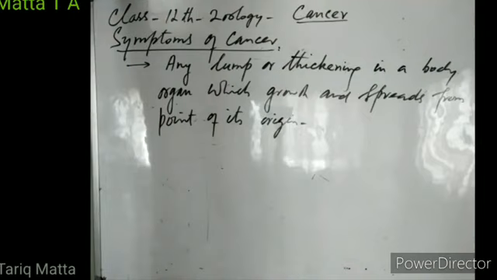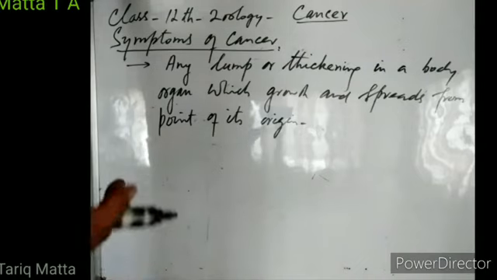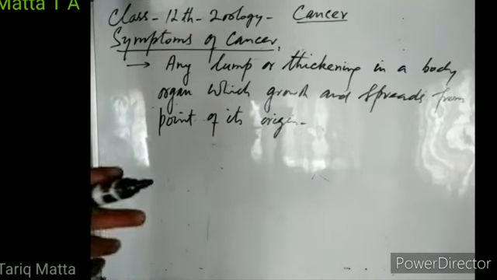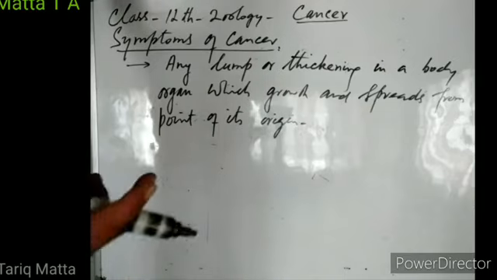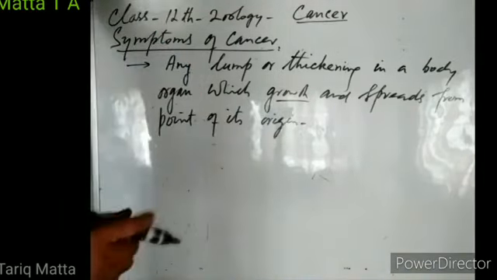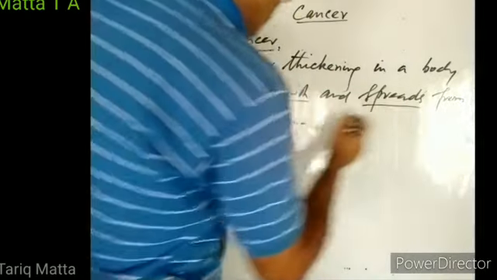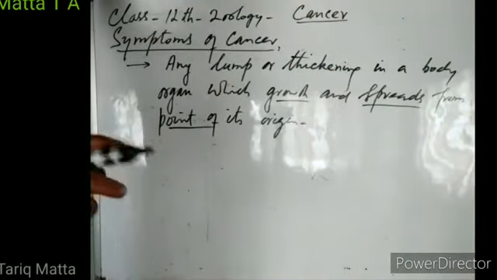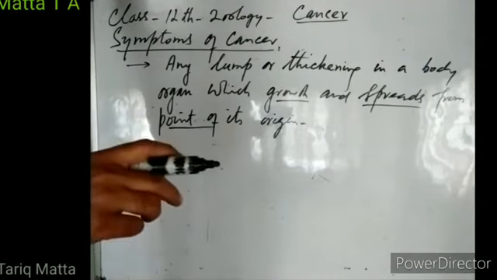If there is any mass of cells or thickening of a tissue in a body organ, and this thickening of tissue or mass of the cells shows growth, it is growing in size, and it is spreading from its point of origin. It spreads from the place where it originated actually.